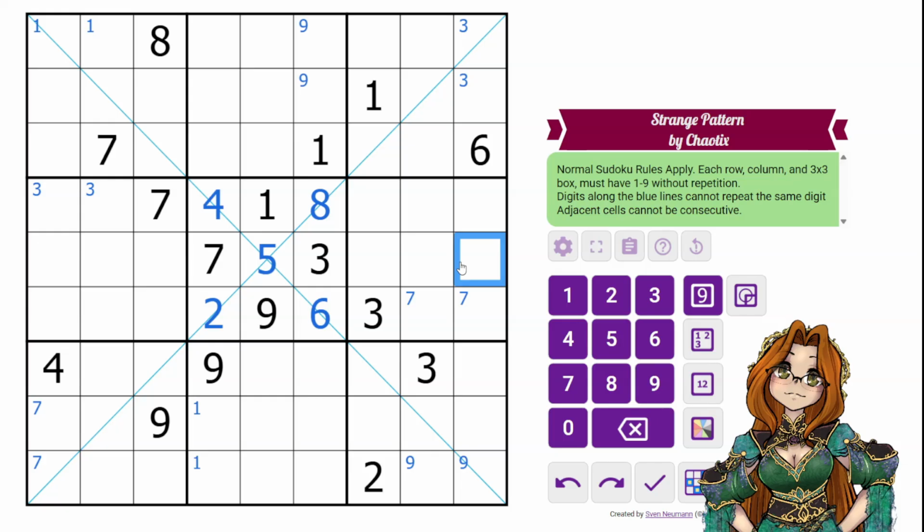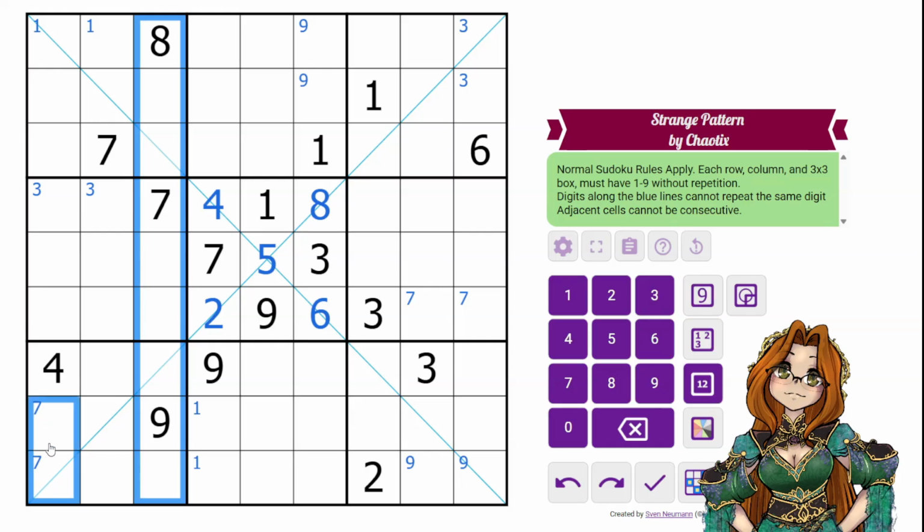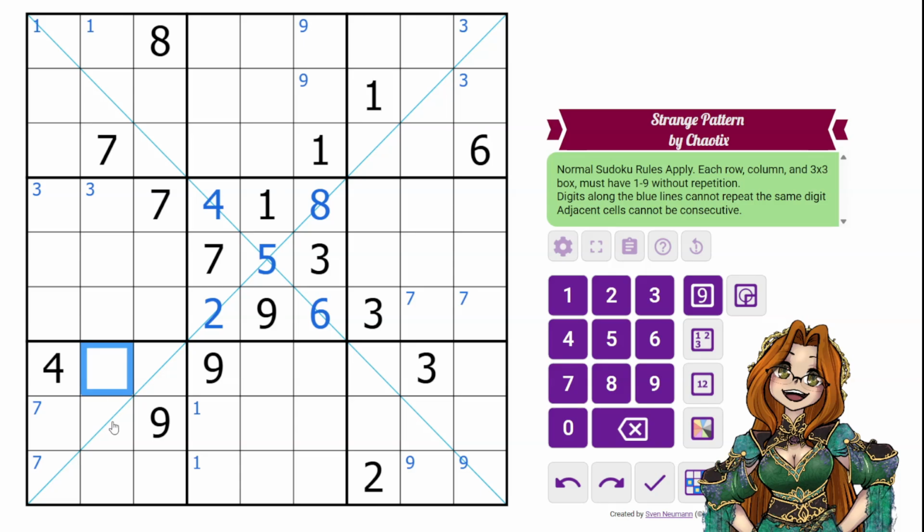1 still has a lot of places. Well, here, if we look at 8's, 8 comes down, and then we said 8 can't go in the 7 domino, right? 8 also can't go on the diagonal.